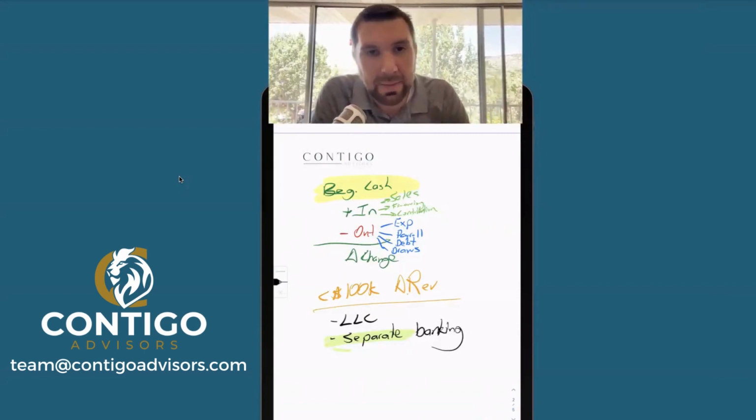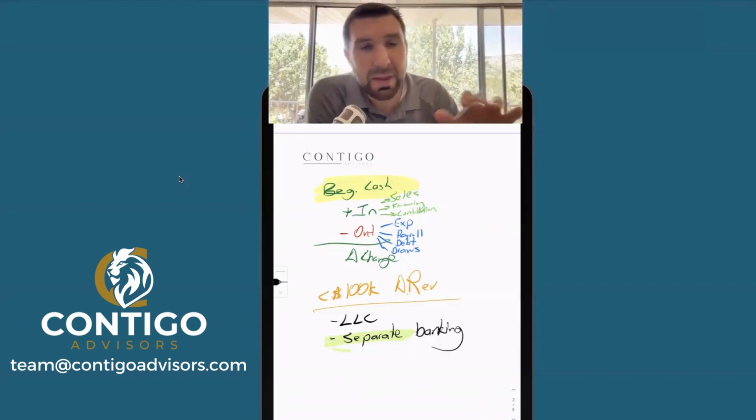That's a conversation for another day. But the point is not even those accounts. The point is separate. They don't even have to be business accounts. It can be in your personal name. Ideally, it's a business account. If you have the LLC, you can set it up under the business. But the point is that you shouldn't have any personal stuff flowing through there.